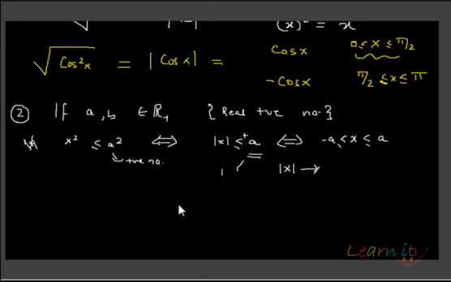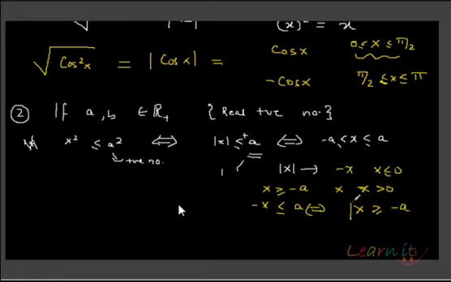Now modulus x is minus x when x is strictly less than 0, that's my mistake, and it is positive x when x is greater than or equal to 0. So what does that mean? If I look at mod x less than or equal to a, that would mean x is greater than or equal to minus a, because I can take it as minus x less than or equal to a.